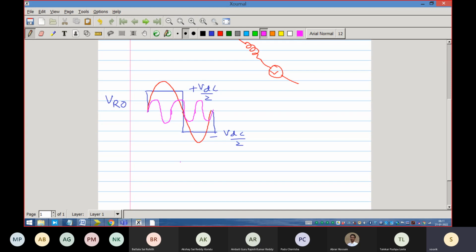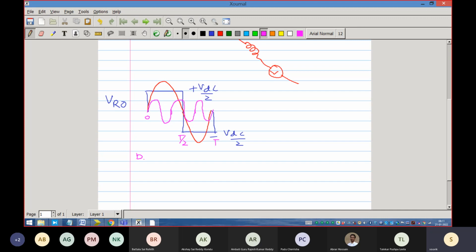What are the magnitudes from the Fourier series coefficients? We know that this has no cosine terms because it has odd symmetry. Our 0 is considered to be here, 0, T by 2, plus T. This is the way we have divided the time. So it has only odd wave symmetry, therefore only sine wave components are there.